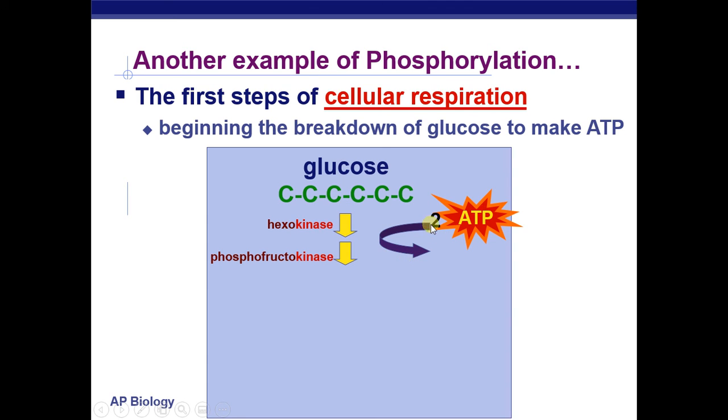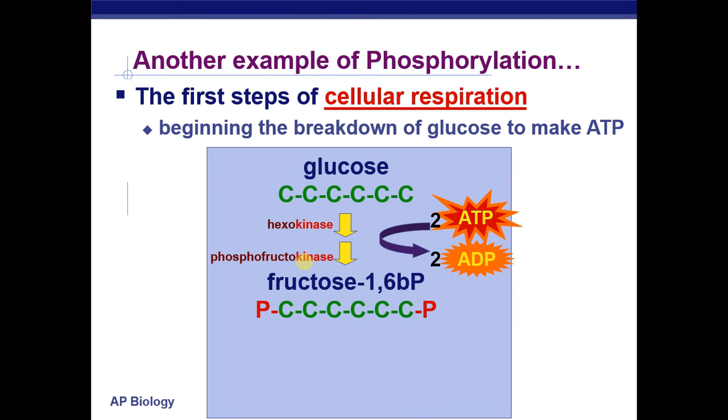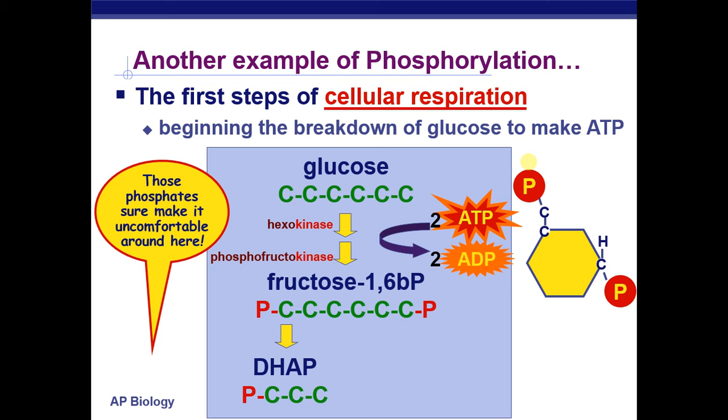And so we use 2 ATP to help these two kinase enzymes phosphorylate glucose to form this intermediate product called fructose 1,6-bisphosphate, which is now very energized and unstable. And we can use its instability to break it down into two other molecules that we can turn into ATP.